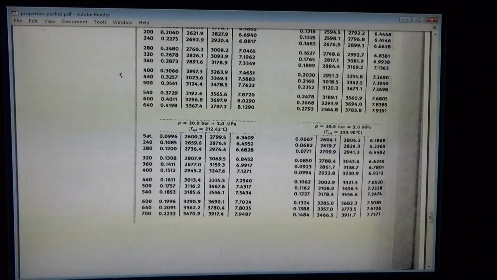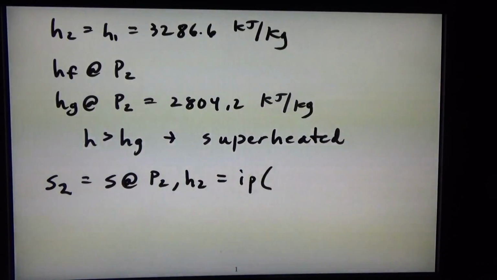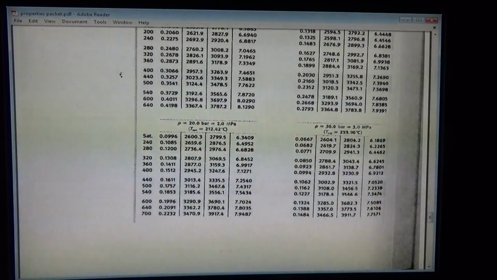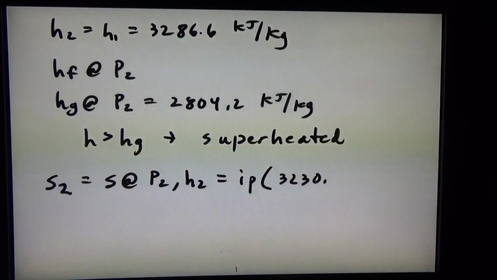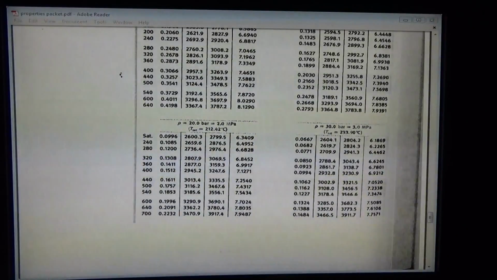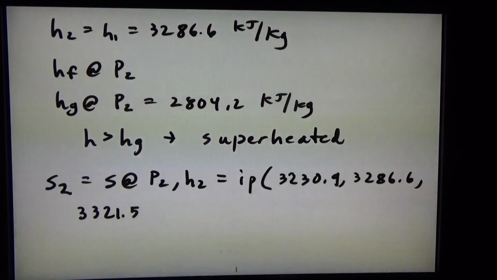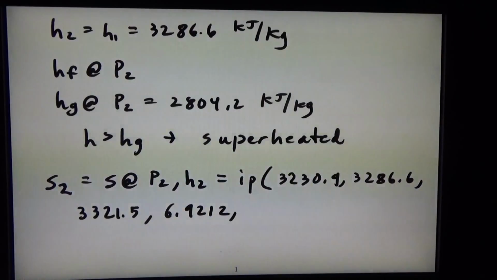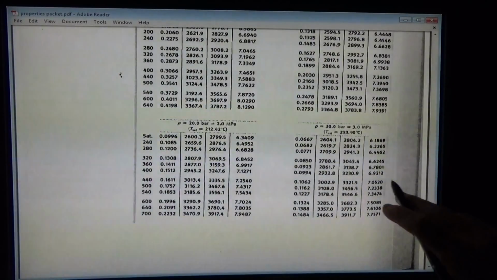Our first H value that bracketed was 3230.9, then our value is 3286.6, and the other bracket value is 3321.5. Then for S, we have 6.9212 and 7.052.